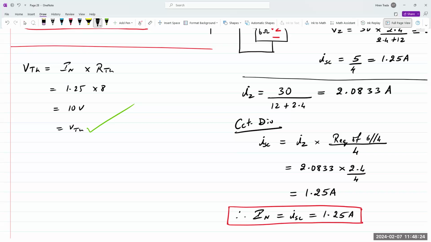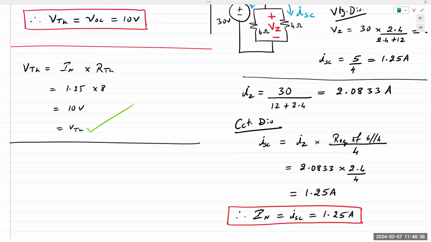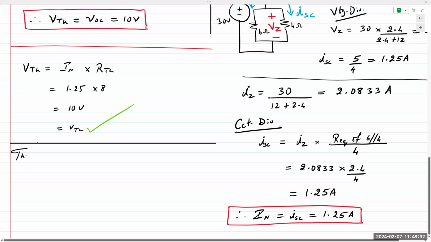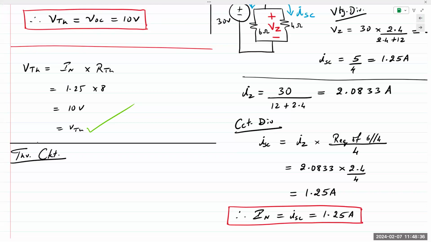My final Thevenin circuit should have a voltage source.